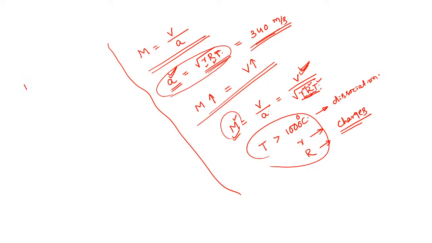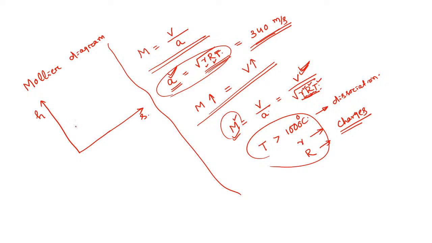So thermodynamically, if you look at the Mollier diagram, this is a plot between enthalpy and entropy. In this enthalpy and entropy plot, we are talking about the pressure.